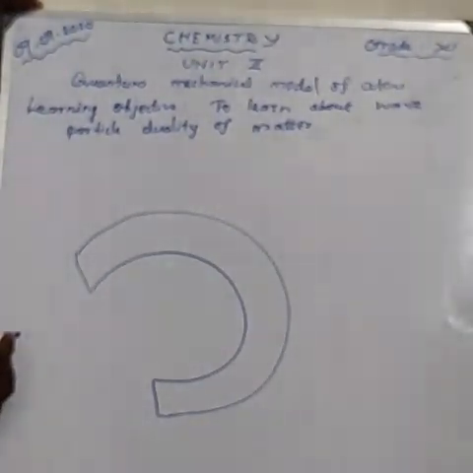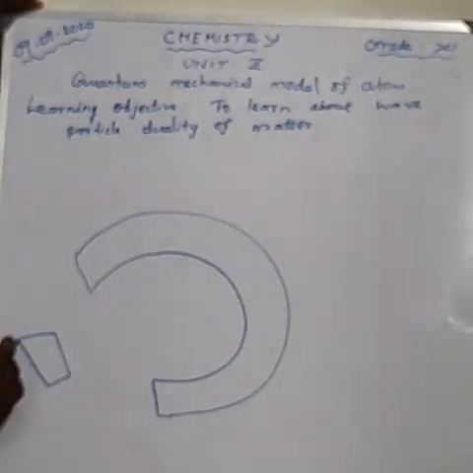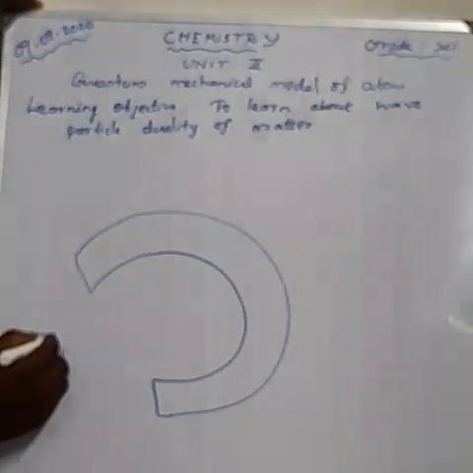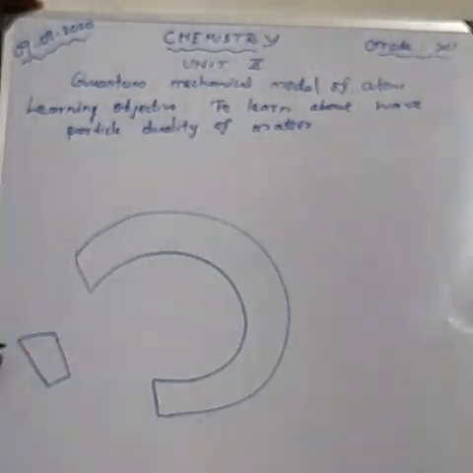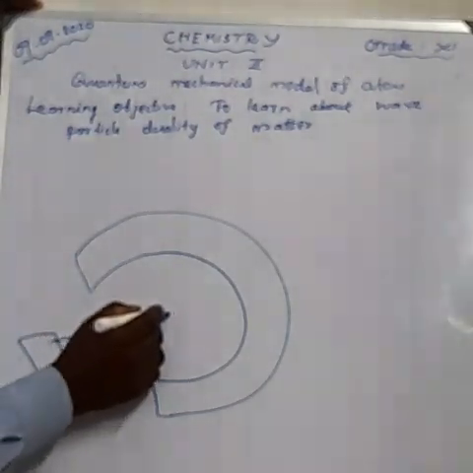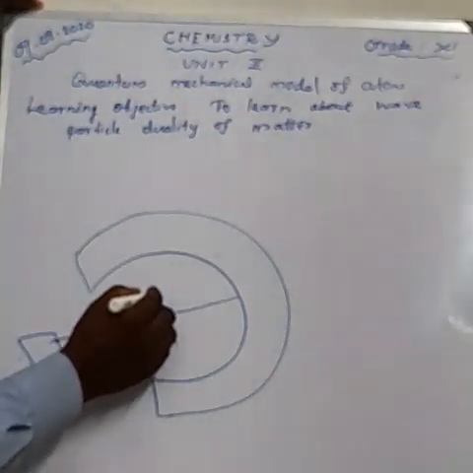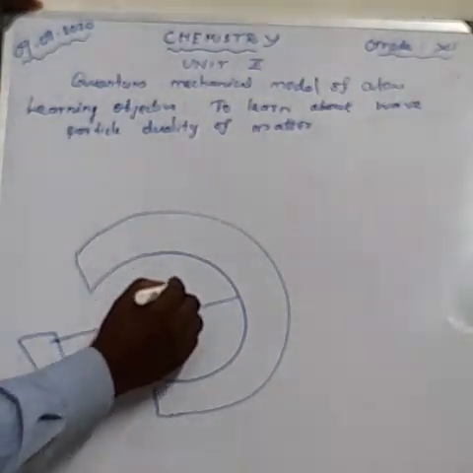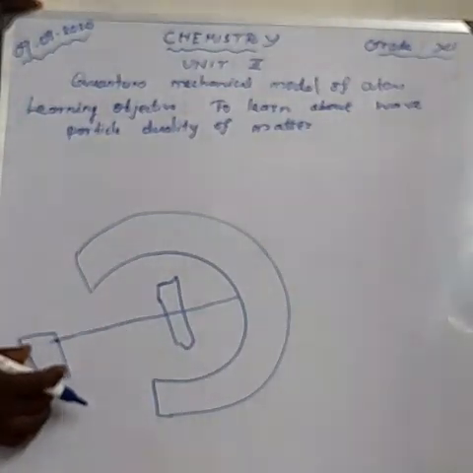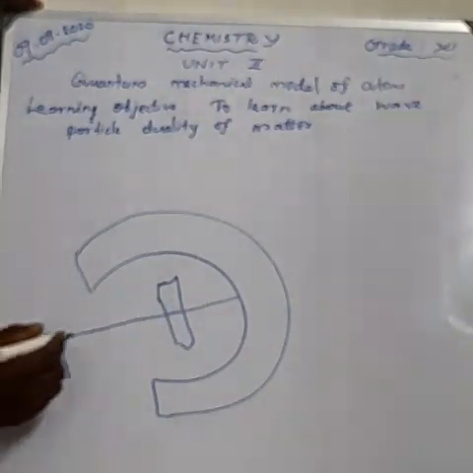Here they are taking a thin gold foil, and the alpha particles are passed through the foil. This is the thin gold foil.